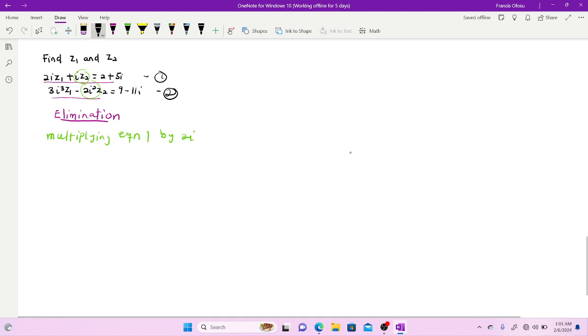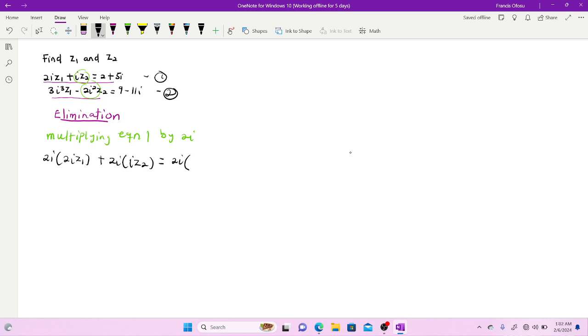So I'll multiply 2i, open bracket 2iz1 plus 2i, open bracket iz2 is equal to 2i multiplying the expression 2 plus 5i.